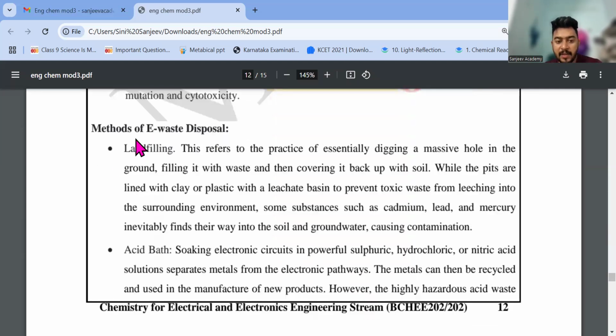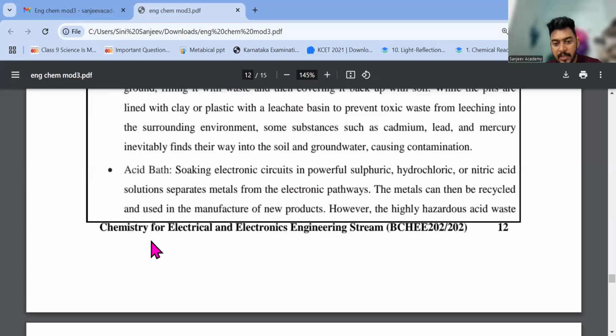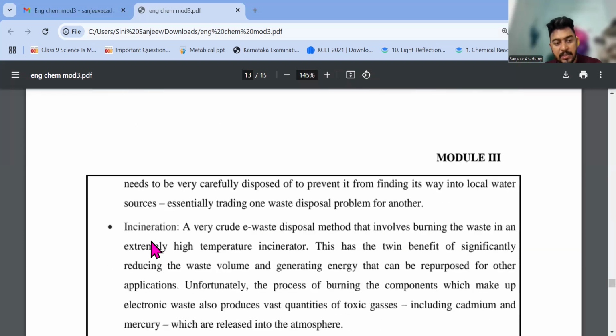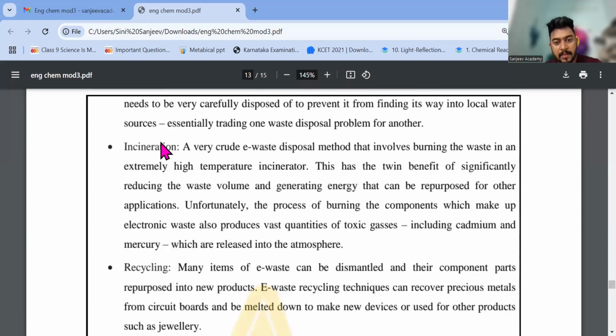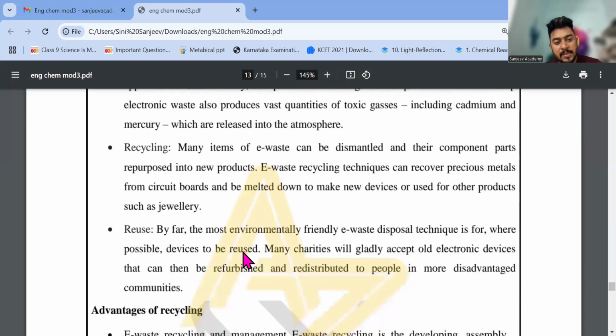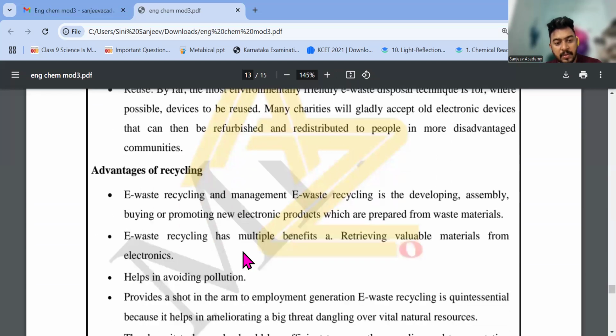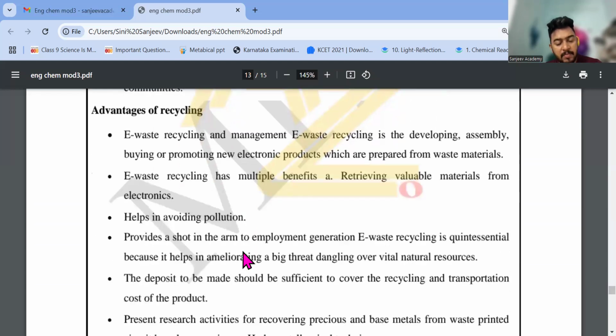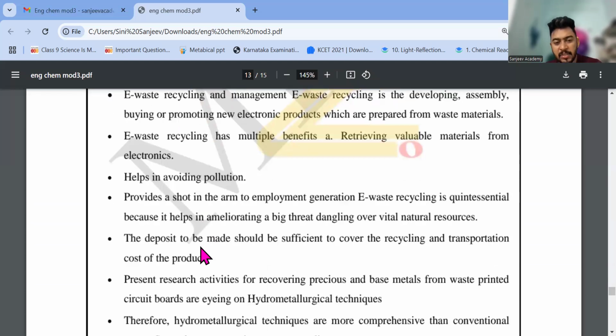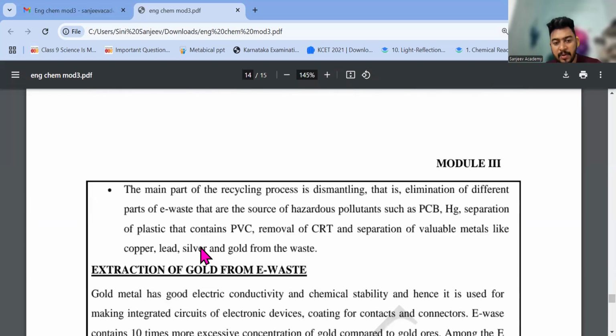We know landfilling, acid bath, correct? So putting in sulfuric acid, a powerful acid. Incineration, that is burning the waste at very high temperature. Recycling, we all do with plastics and everything. Reuse, maximum possible, kindly reuse. Advantages: pollution avoidance. All of that is the reason I told you this last topic is a little bit of a self-reading part.